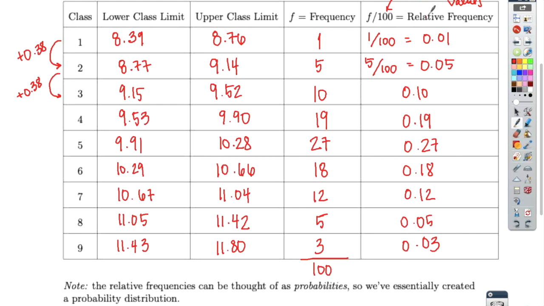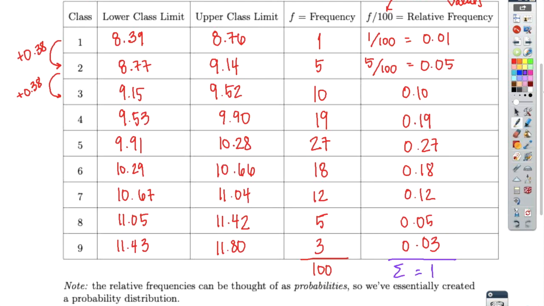And if you add up all these relative frequencies, notice that they all add up to 1. The sum of this entire column equals 1. Now, that is not related to the fact that there's 100 data values. Your relative frequency should always add up to 1.